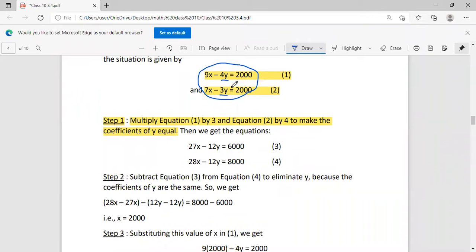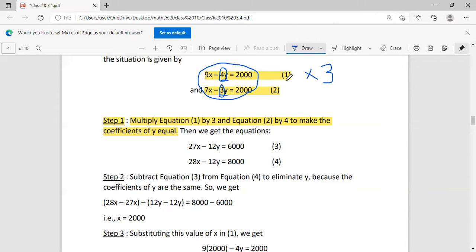In order to do that, we are going to multiply equation 1 by the number 3. Do you know how we got the number 3? It's because we are taking that number from the second equation. And in a similar manner, in the second equation, we are multiplying it by 4.